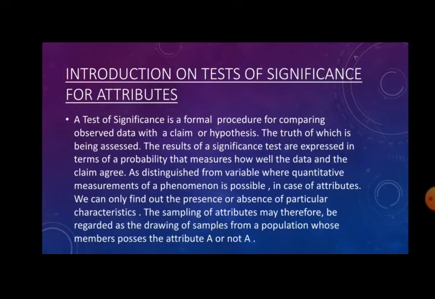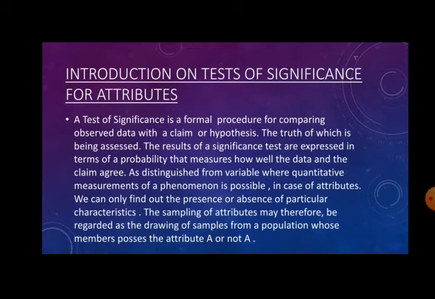A test of significance is a formal procedure for comparing observed data with a claim or hypothesis, the truth of which is being assessed. The results of a significance test are expressed in terms of a probability that measures how well the data and the claim agree, as distinguished from variables where quantitative measurement of a phenomenon is possible.